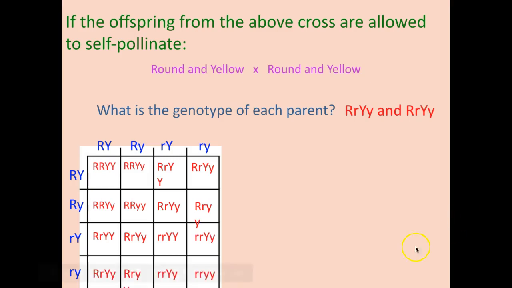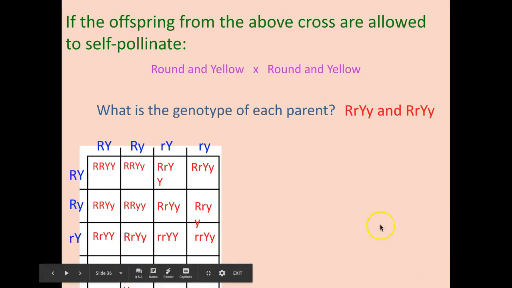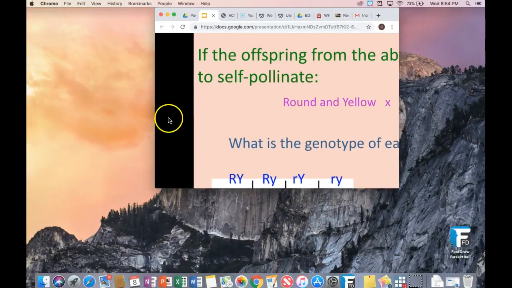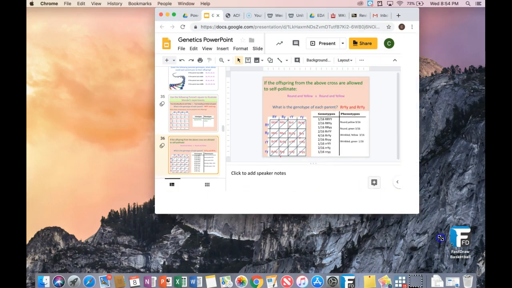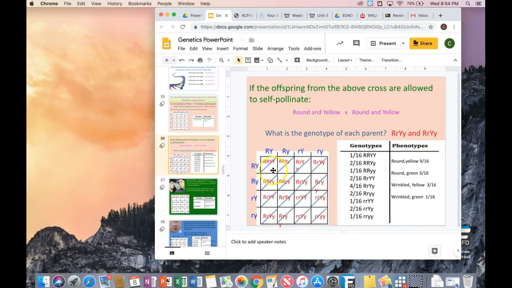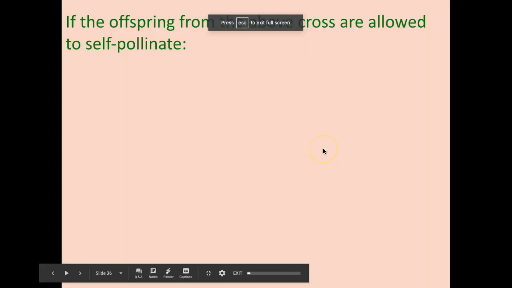Okay, so again, this at the bottom would be, just so you can see, heterozygous for round seeds, and then it would be homozygous recessive for green seeds. So here would be our genotypes. Let me go ahead and put this back big screen where you can see it a little better.